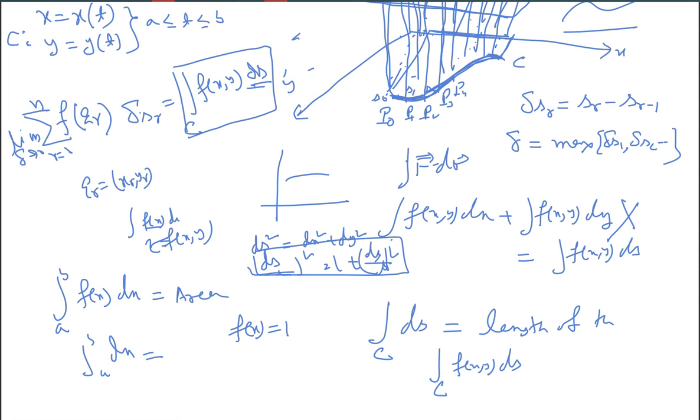Area of the arc means you need to find z equal to f of xy on this surface, and there you will get one surface here, the area of this surface. When we come back to double integral and triple integral, we will discuss this again. There we can again find the surface using double integral also. Okay, that's all for today.